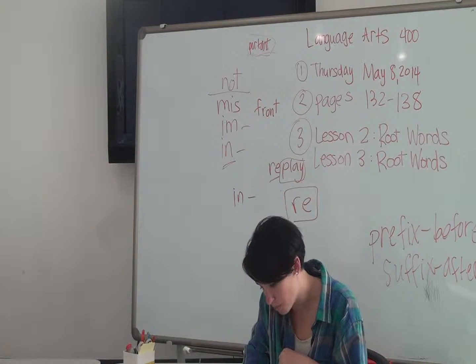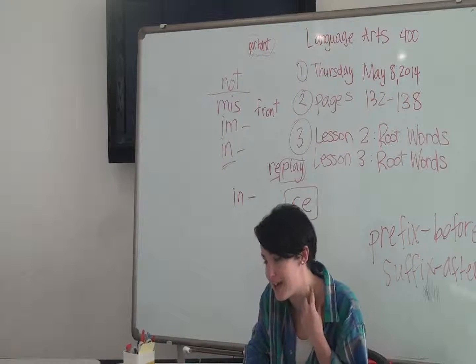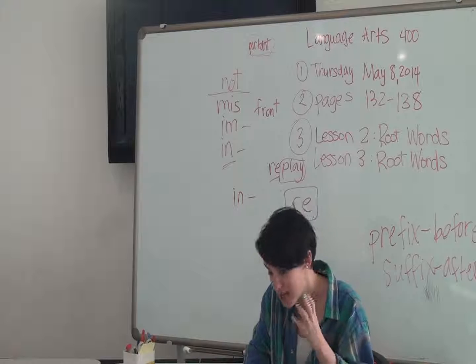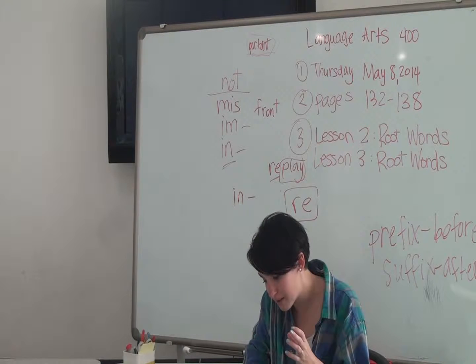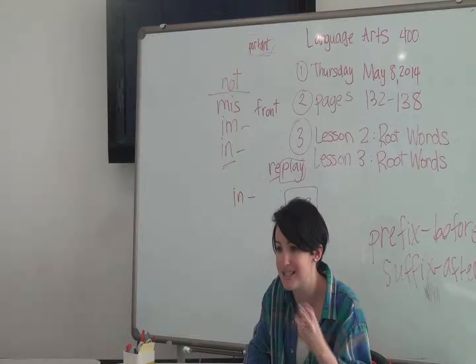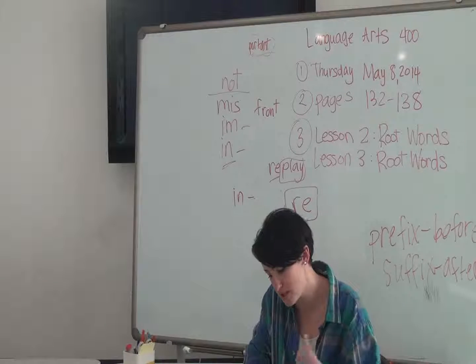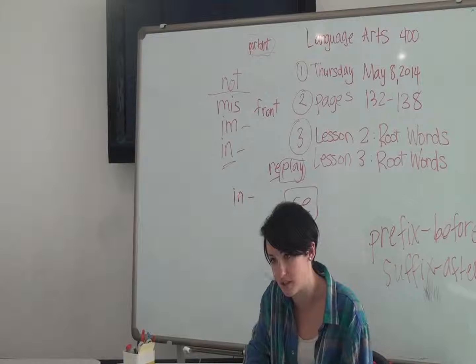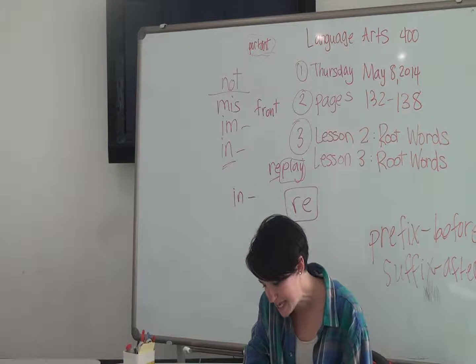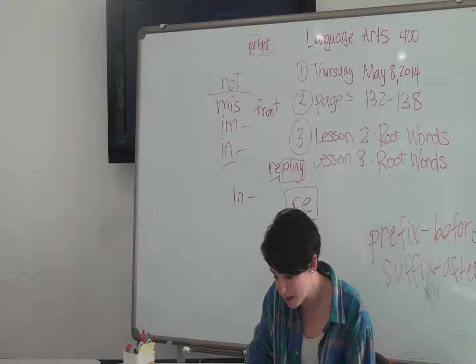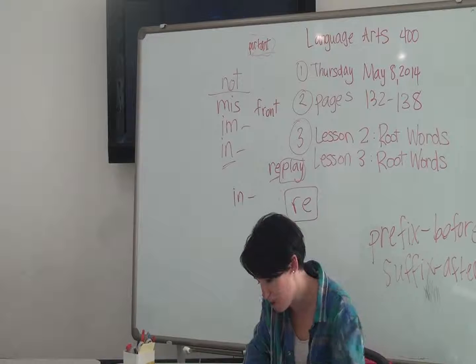Tiresome, whoa. Something which makes someone feel tired. So tire can be a wheel or it can be tired. Okay, so you're tiresome. That means you feel tired. Some means something. Okay? Descendant, you are your parents' son or daughter. You came from them.